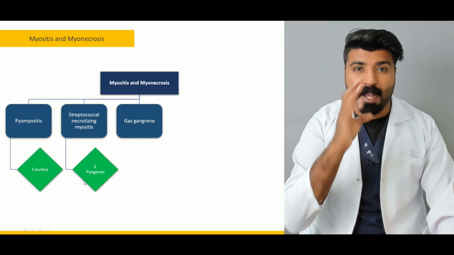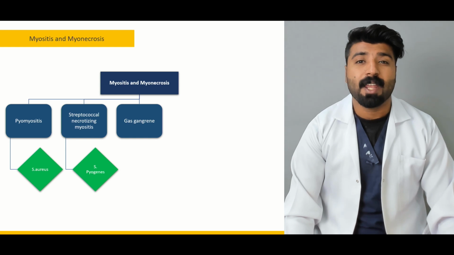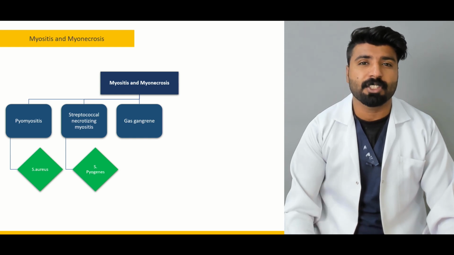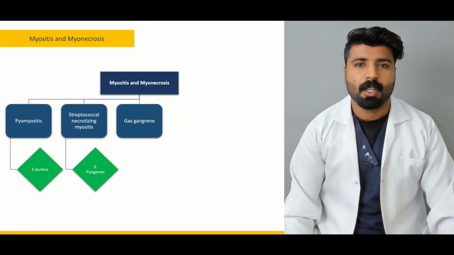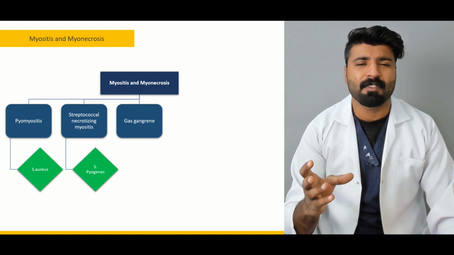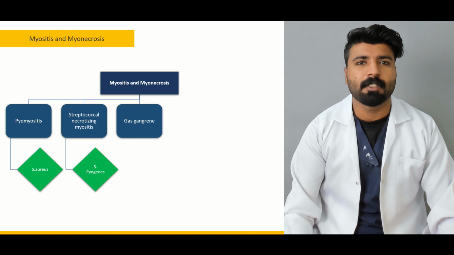So what can gas gangrene be due to? Gas gangrene is caused by those bacteria or those organisms which produce such gases and will lead to some kind of blockage of the blood supply. Now, it can't be that way, that those bacteria will produce some gases and that will lead to blockage. It might be the other way around.